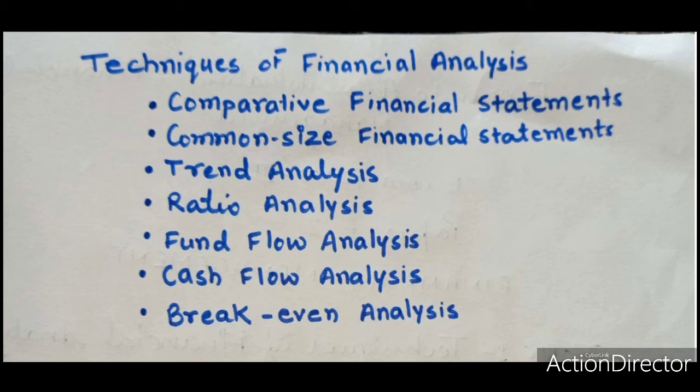The preparation of comparative financial statements is based on the logic that a statement covering a period of a number of years is more meaningful and significant than for a single year only, because financial data for 1 year represent only one phase of the long and continuous history of the firm.